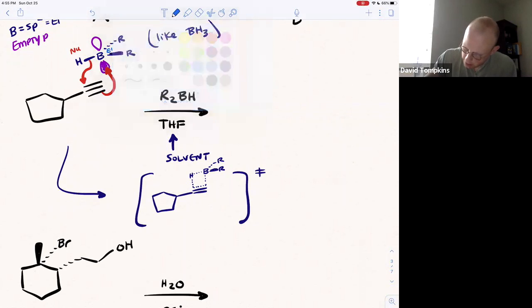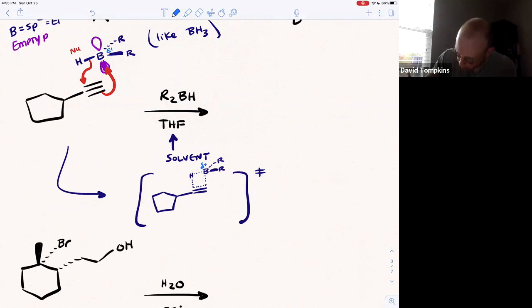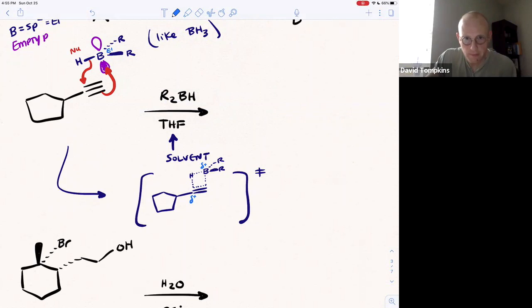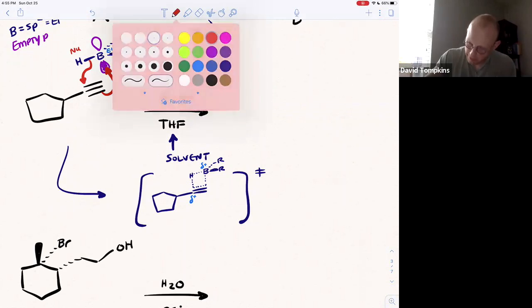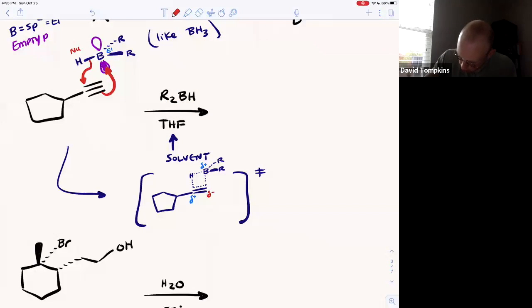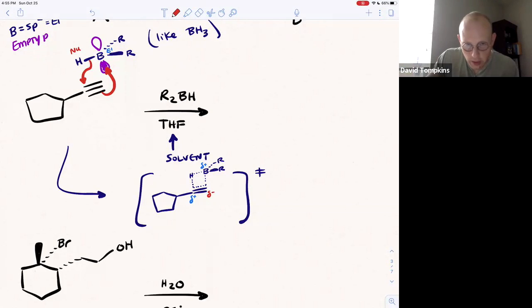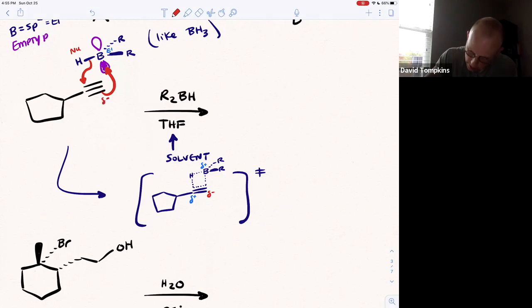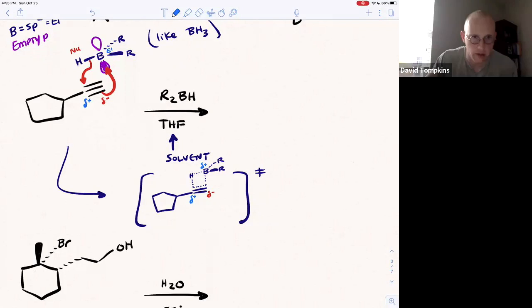Because the boron is the electrophile, it's partial positive. And the carbon of the alkyne that is more stable with positive charge is the more substituted carbon. By default, the less substituted carbon has more electron density and more negative charge character. Any alkyne starts like that, where the less substituted carbon is more nucleophilic and the more substituted carbon is more electrophilic.